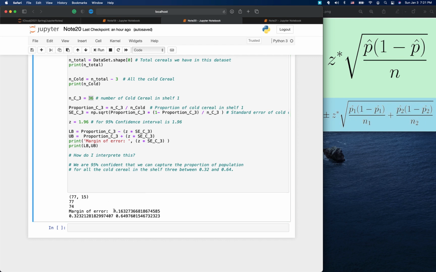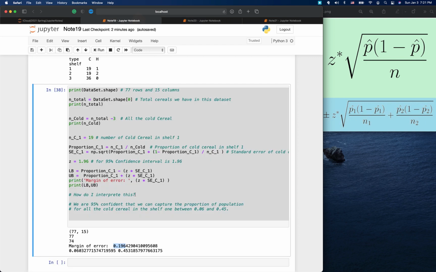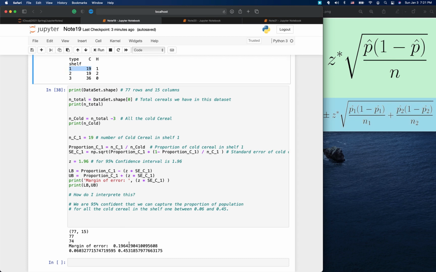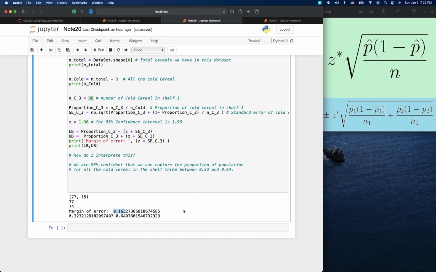So remember, for cold cereal in shelf 1, which are just 19 of them, we have a higher margin of error, which is 0.20. For the cold cereal in shelf 3, which has a higher sample size, 36, we have a lower margin of error, which was 0.16. So there is a kind of inverse relation between margin of error and the sample size.